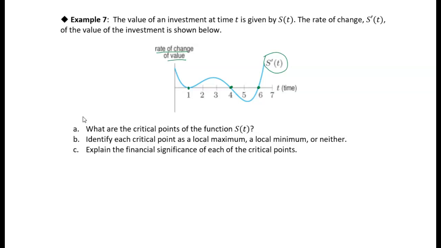I'm just going to answer part A right up here, because I want to keep everything near the graph without having to scroll down too far. So S prime of t is equal to 0 for t equals 1, 4, and 6.